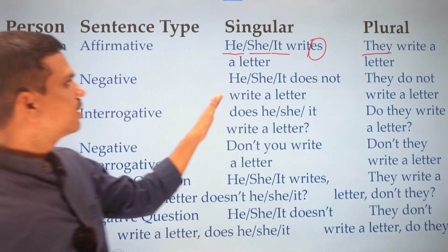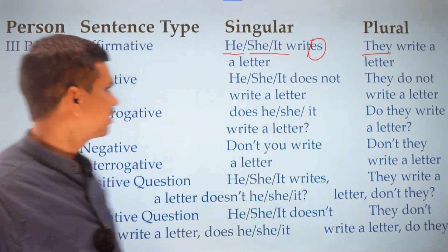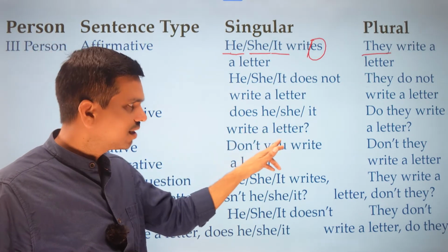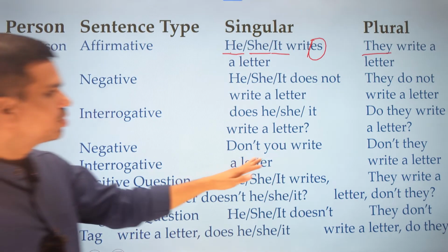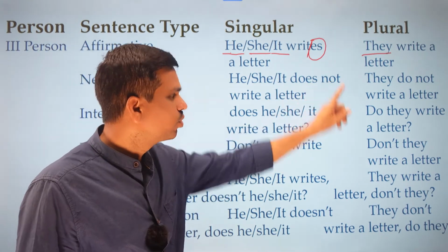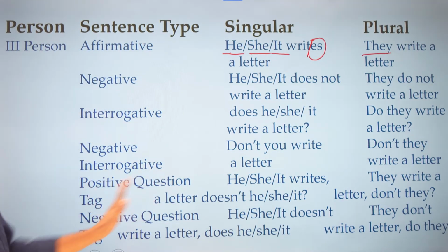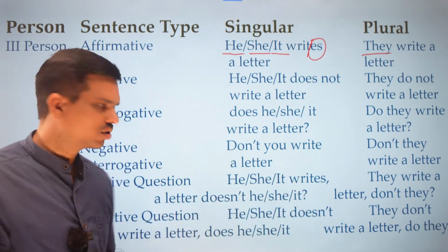Again negative, he, she, it does not write a letter. Plural, they do not write a letter. Interrogative, does he, she, it write a letter? Do they write a letter? Again negative interrogative, doesn't he write a letter? In plural, don't they write a letter? Right? Again positive question tag and negative question tag, you can form the sentences like this.